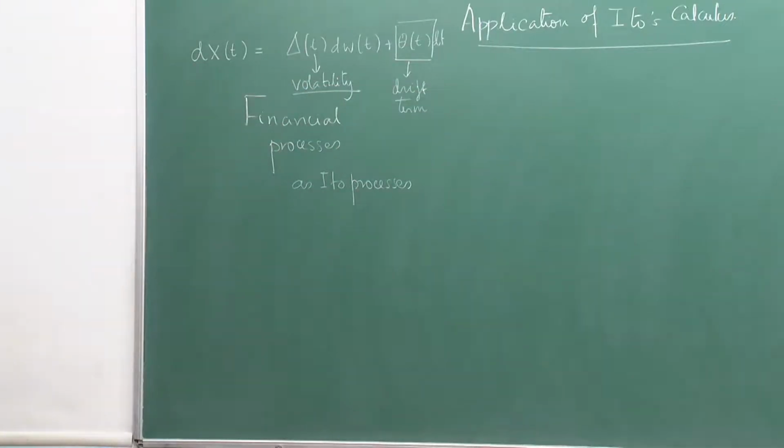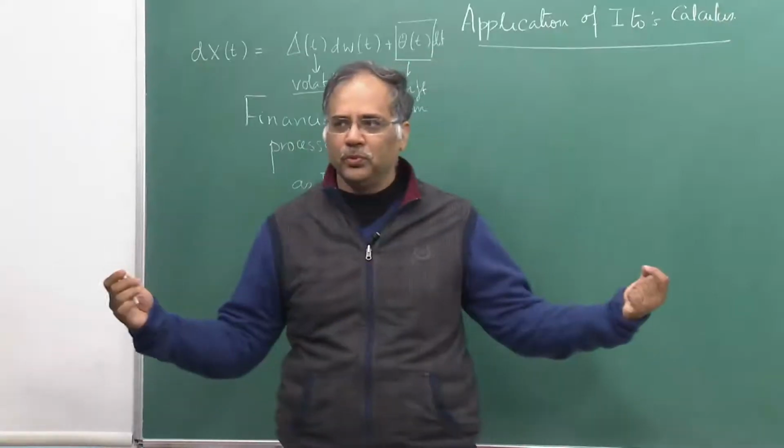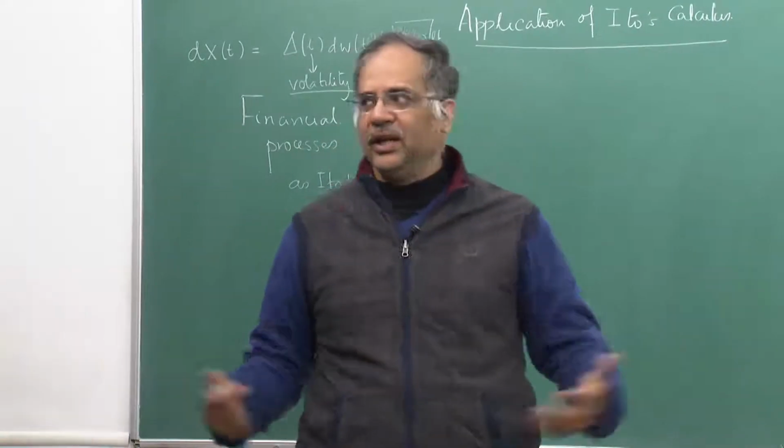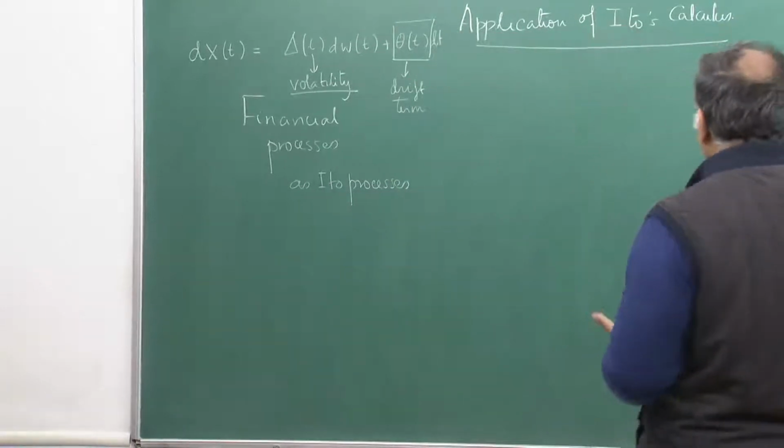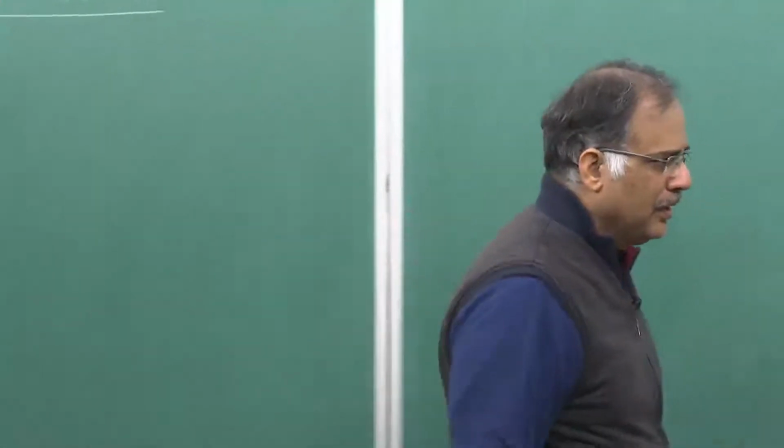So, the first question that arises is, can I model the movement of the prices of a stock as an Ito process? If I can model that, then I can bring in the power of Ito calculus to draw conclusions in finance.